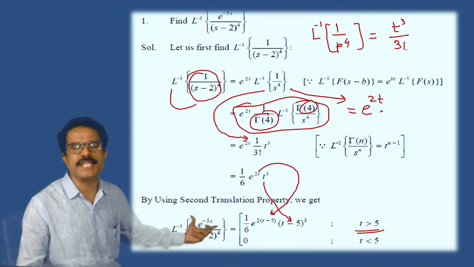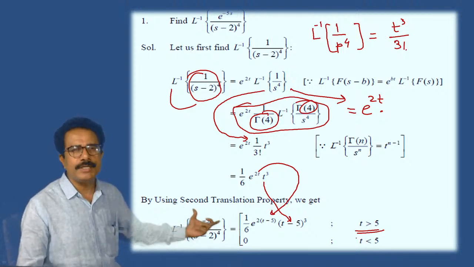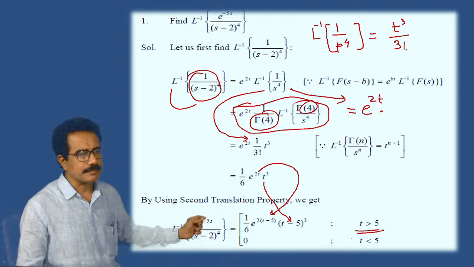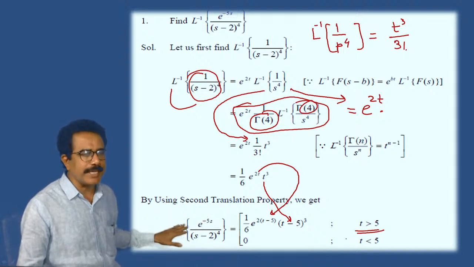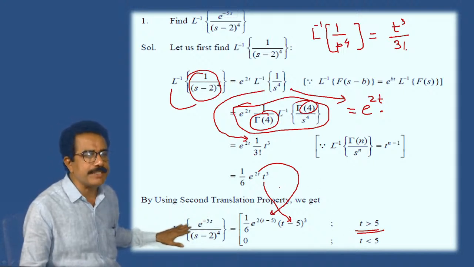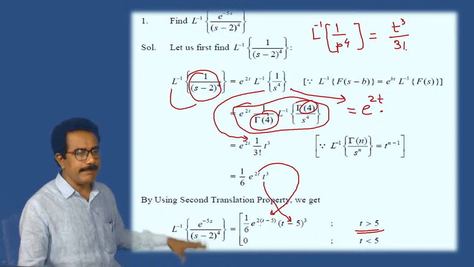Already we have seen this theorem. So by using this formula, t can be shifted into t minus 5.